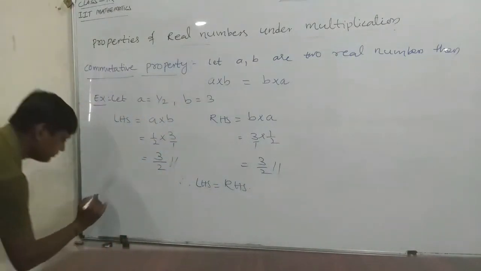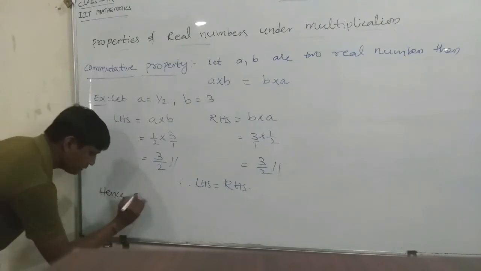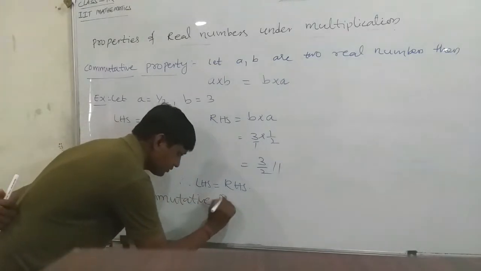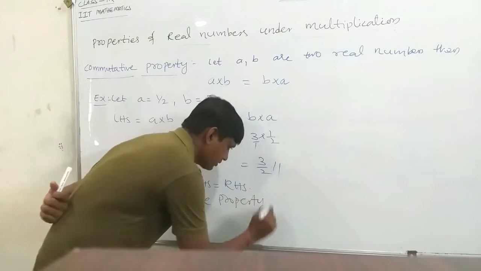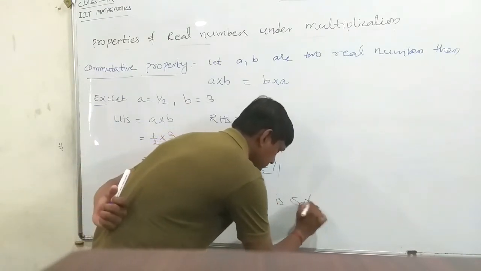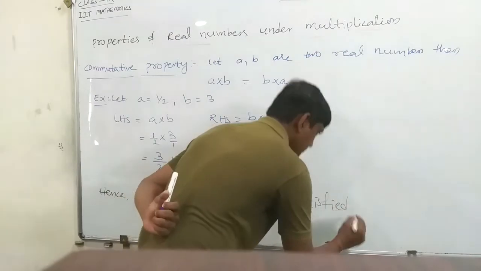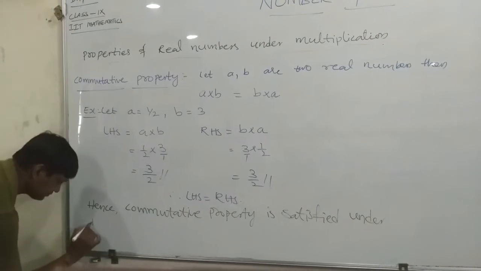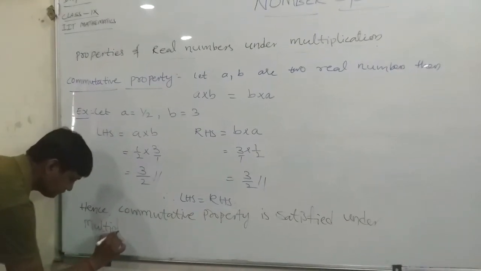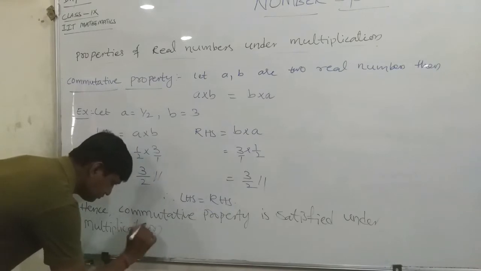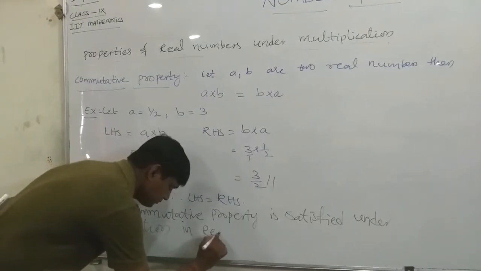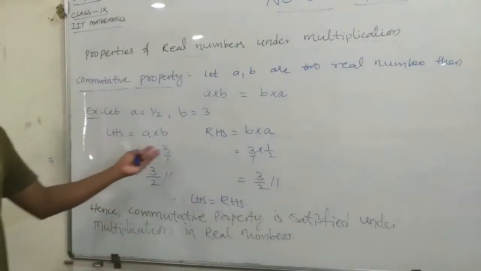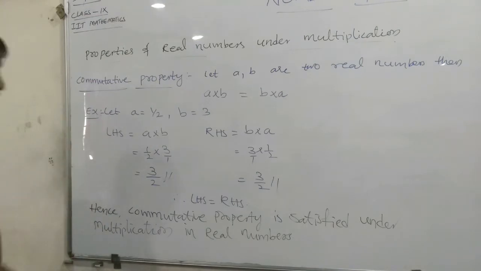Hence, commutative property is satisfied under multiplication in real numbers. So you can take any example and you can prove.